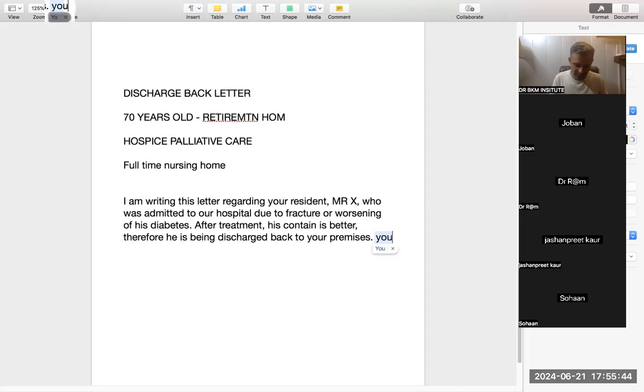You are advised to follow few precautions for his speedy recovery, or you can't say speedy recovery if he's a hospice care patient.